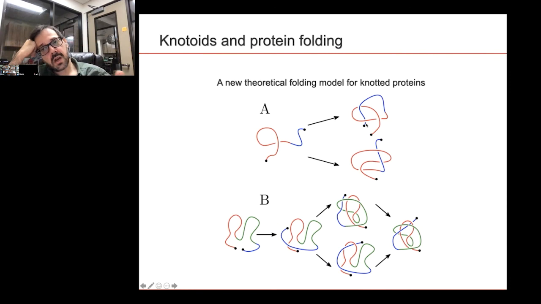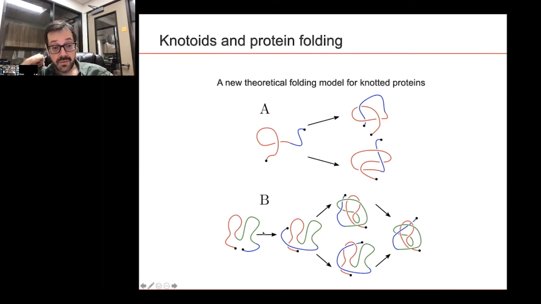So then this is how you make your knot, okay? But recently, I think now it's been 2 years, but let's say recently, there was a new theoretical model by Erika Flapan that suggests that there is a double loop mechanism happening here. And she suggests more or less this kind of pathway.